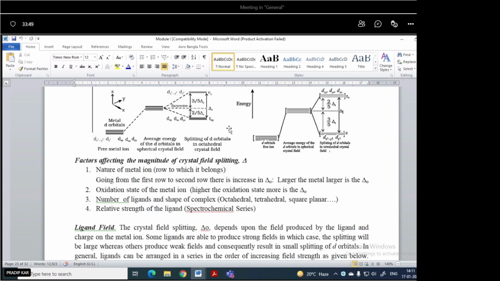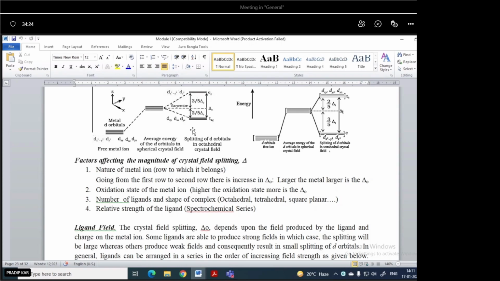But is it the same for all the ligands? The answer is no. It depends on the ligand and also on the metal ion. So what affects the magnitude of delta O for octahedral and delta T for tetrahedral? The nature of the metal ion, as I have already mentioned, as well as the nature of the ligands. How does it depend?